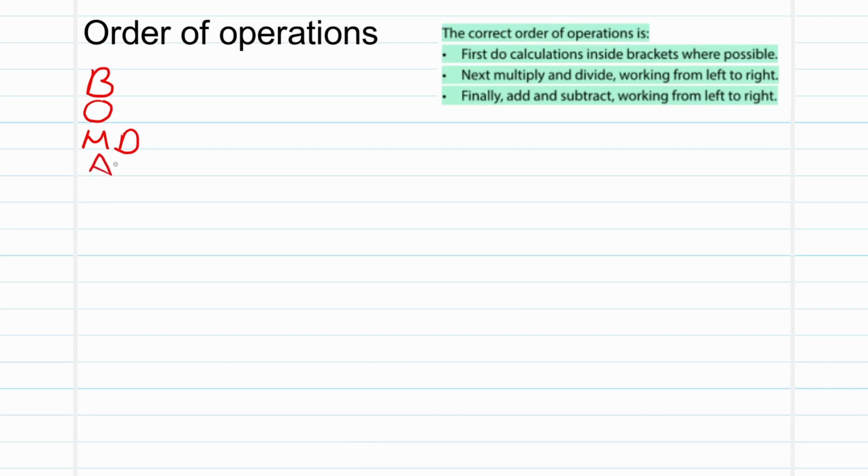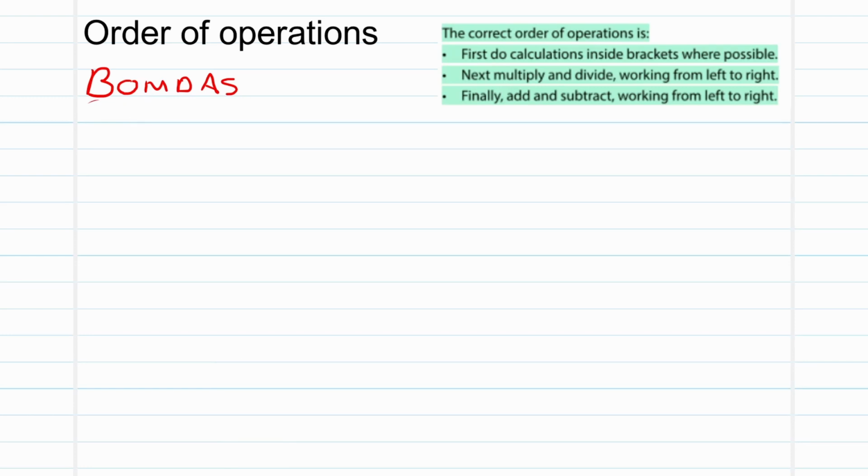So first of all brackets, then the order, then multiply and divide, and then add and subtract. Maybe that will help you just to remember it, however you want to make an association.